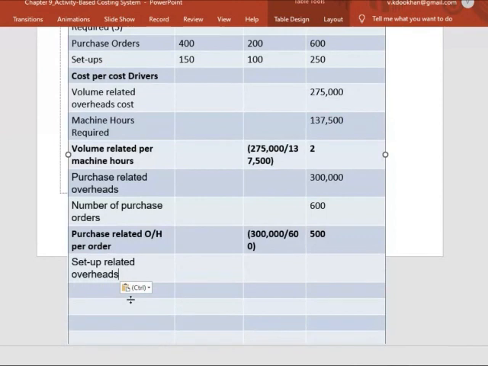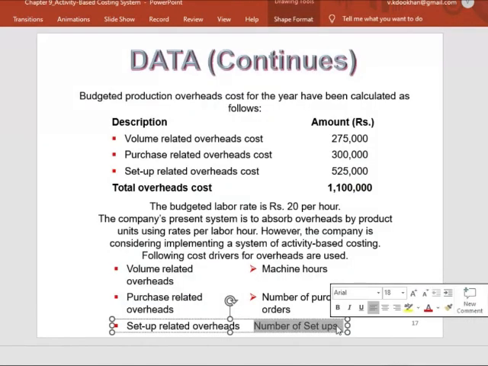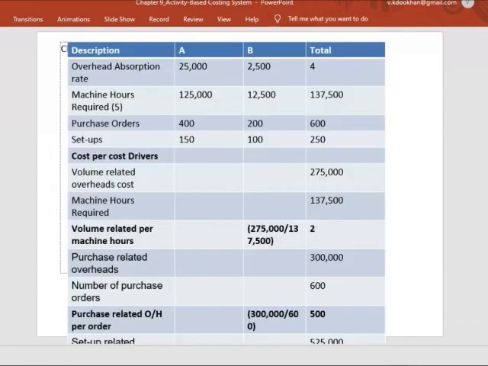It is 525,000. And it would be absorbed based on the number of setups.